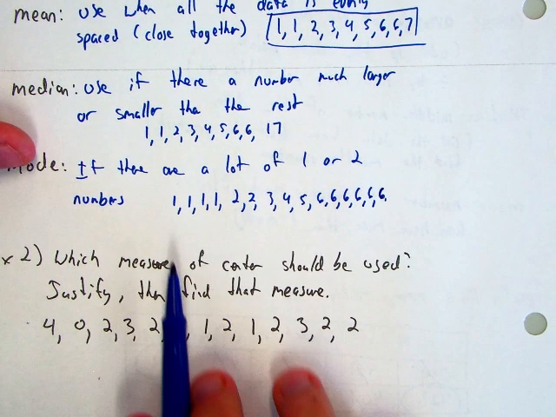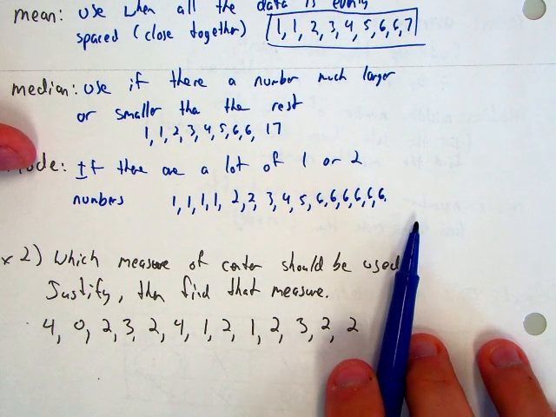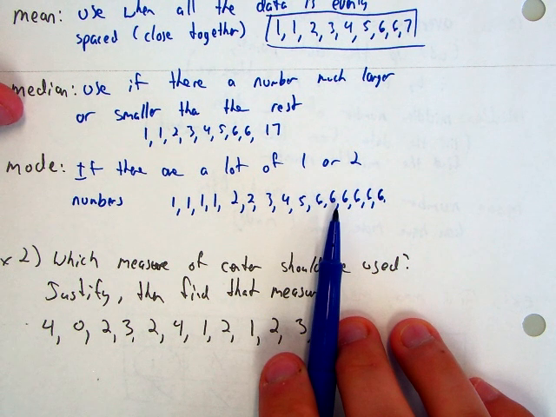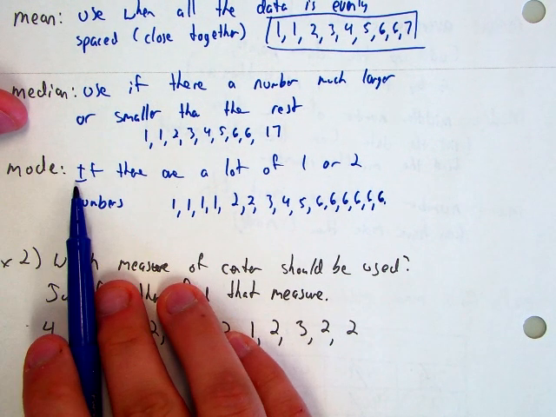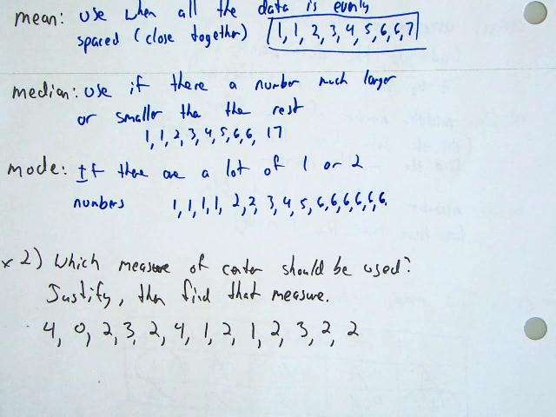So there's a lot of 6s. Which means that if I were to take the mean of this, it'd probably be really, really close to 6, which doesn't necessarily fit with what's in the middle. So I would use the mode in this case. The reason why I would use the mode is because there's a lot of numbers that appear much more often than any of the other numbers.